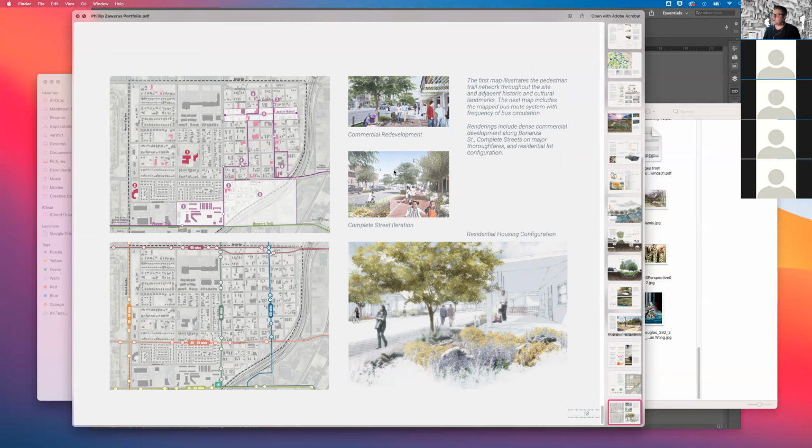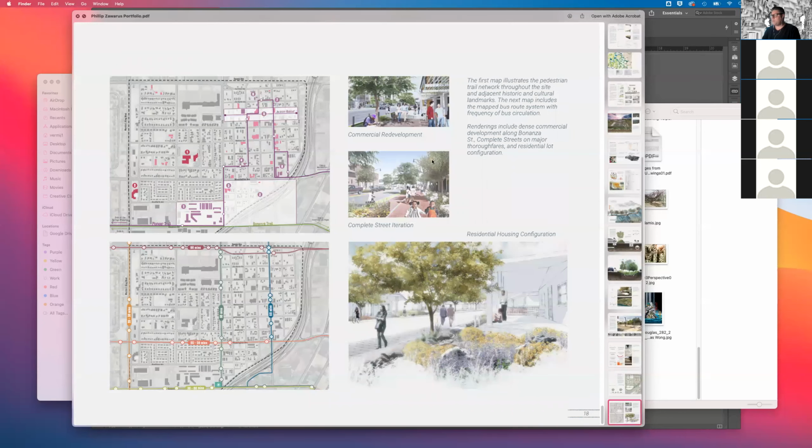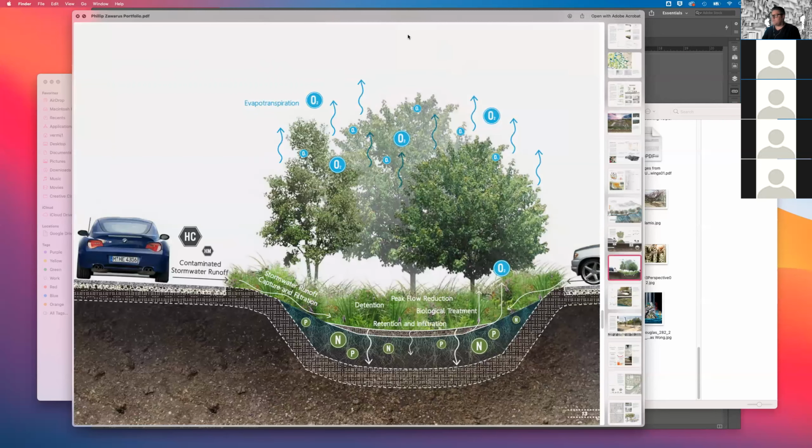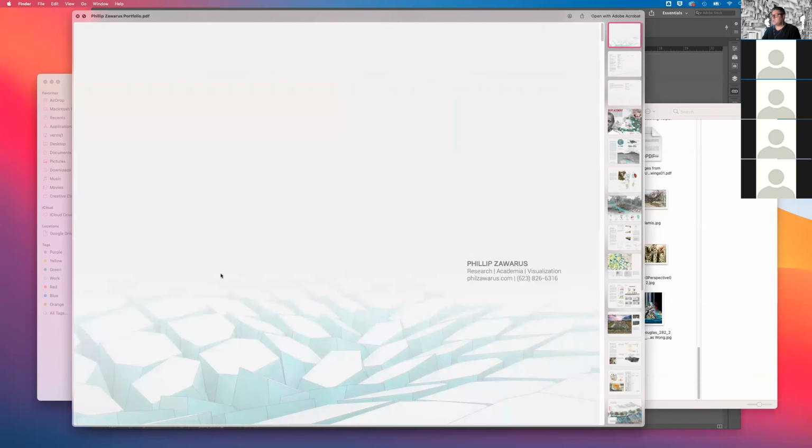And part of this is talking about white space. Some of these are quite dense with information, and others have a nice amount of negative space here, right? And I wouldn't be afraid of some white space and some negative space on your page, right? Going back to this cover, right? Suddenly the information that you do put on here is emphasized, right?